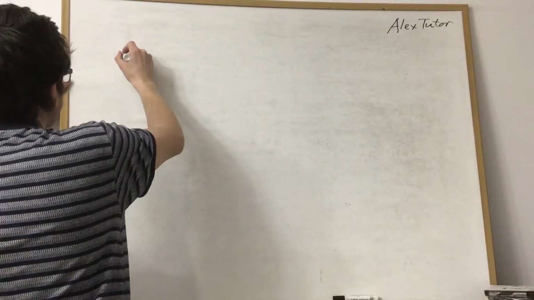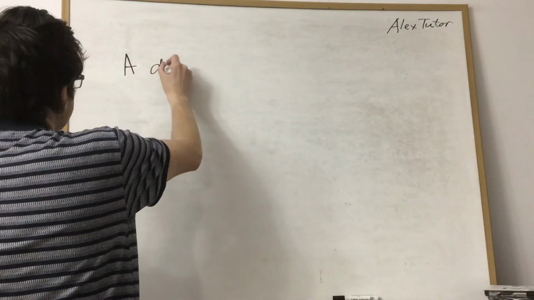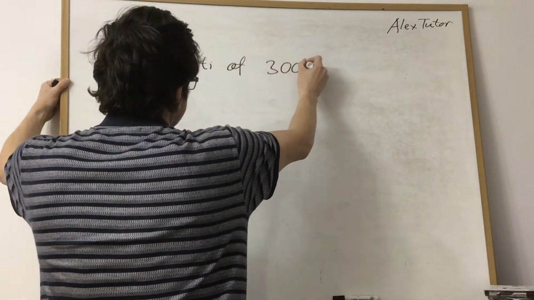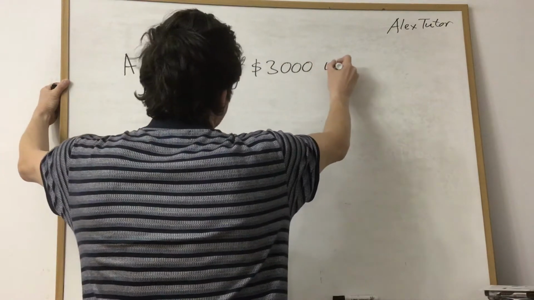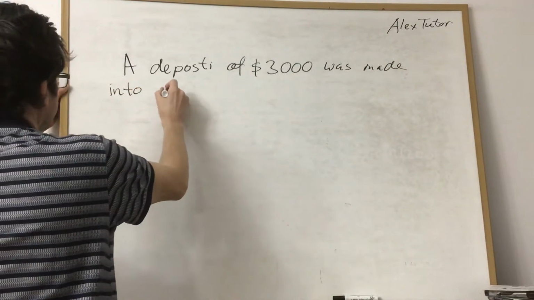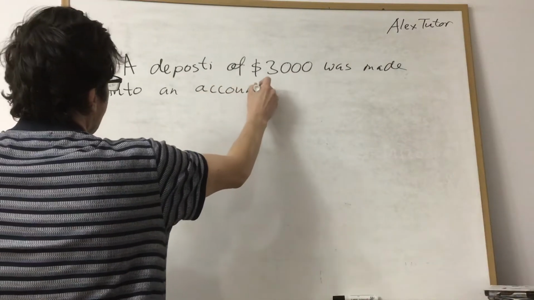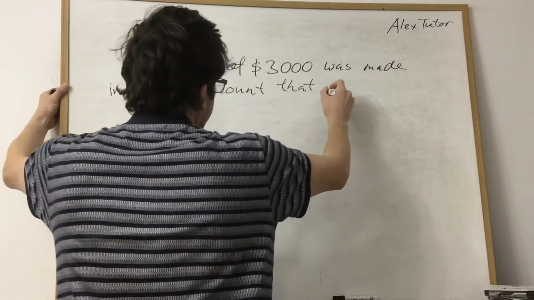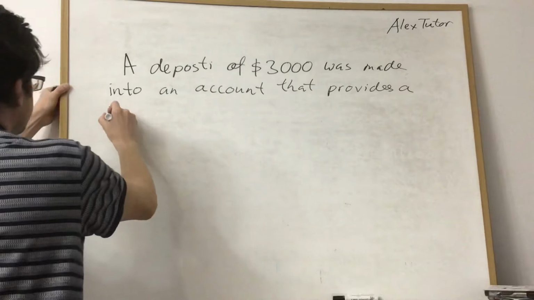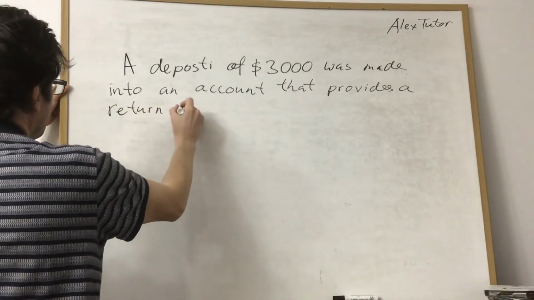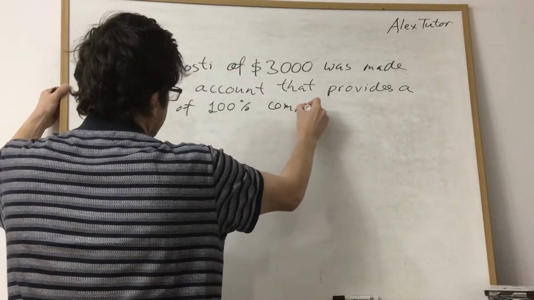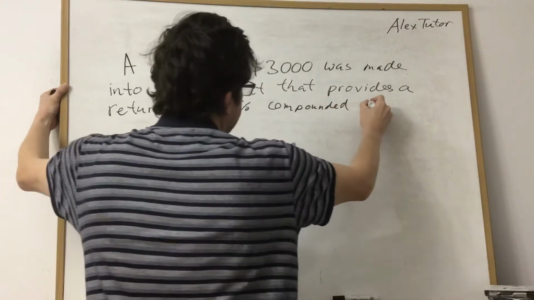Okay, here's a problem. A deposit of $3,000 was made into an account that provides a return of 100% compounded daily.